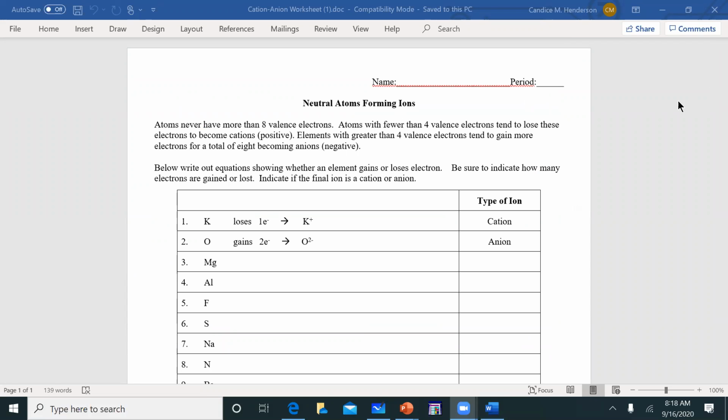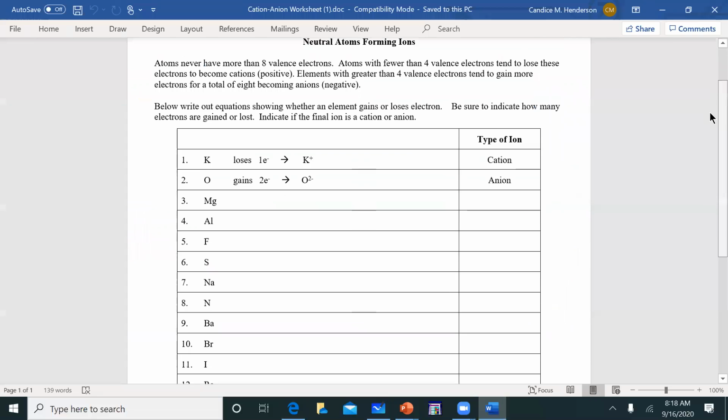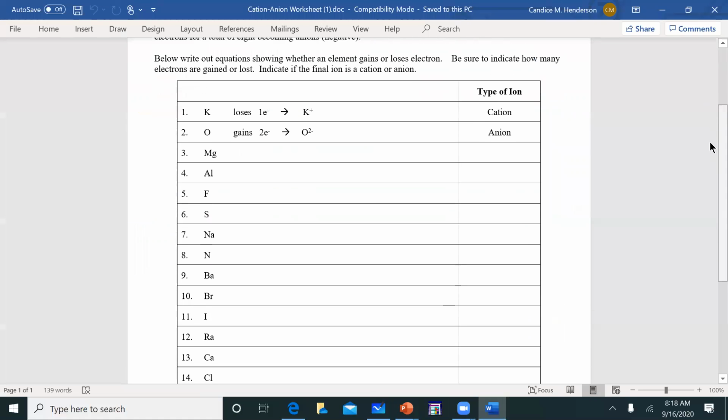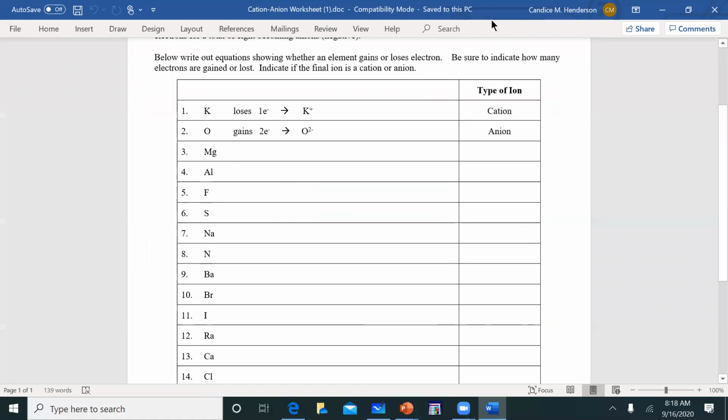These are for predictable charges, elements. So I want you to do aluminum, sulfur, nitrogen, and bromine.